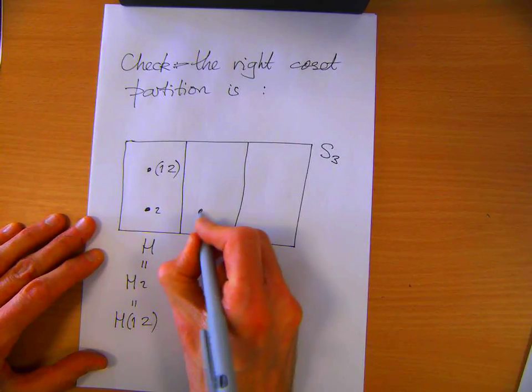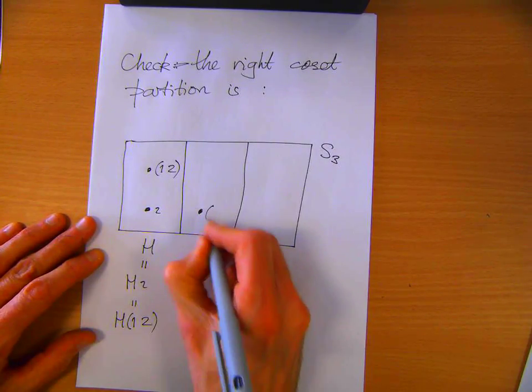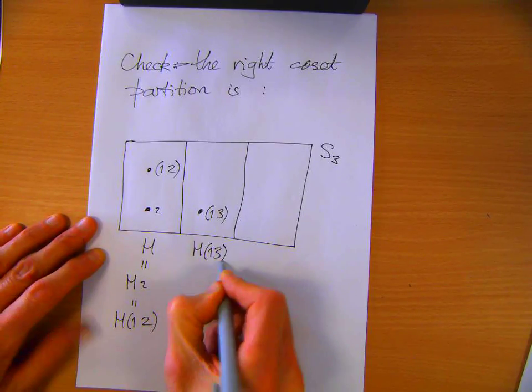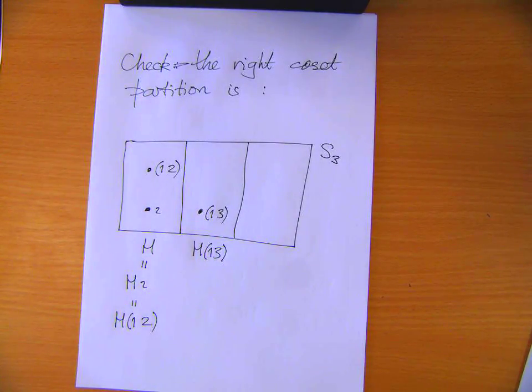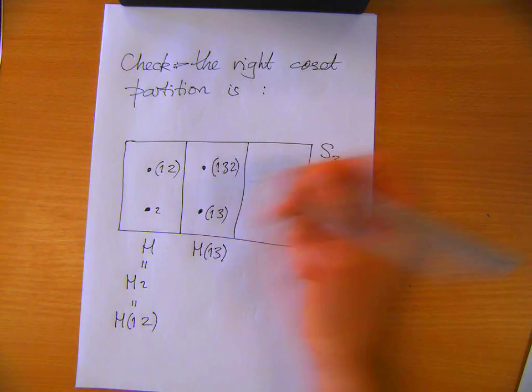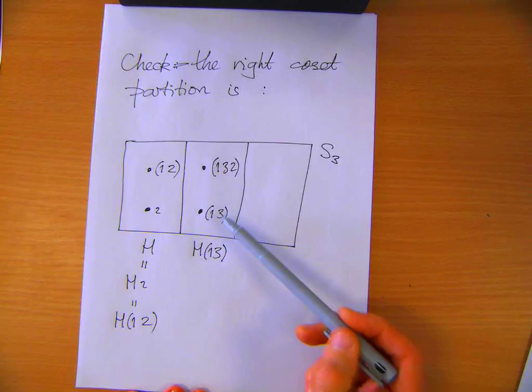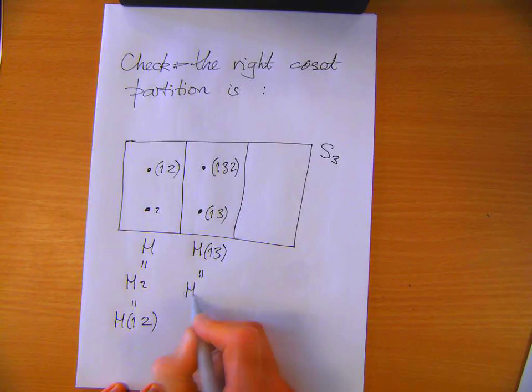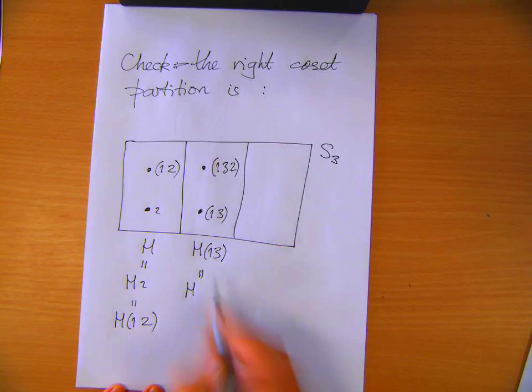So the coset that contains (1 3), so this is the coset H(1 3), now contains, as you can check, (1 3 2). So in the right partition, (1 3) lived in the same cell as (1 3 2), whereas before it lived in the same cell as (1 2 3).